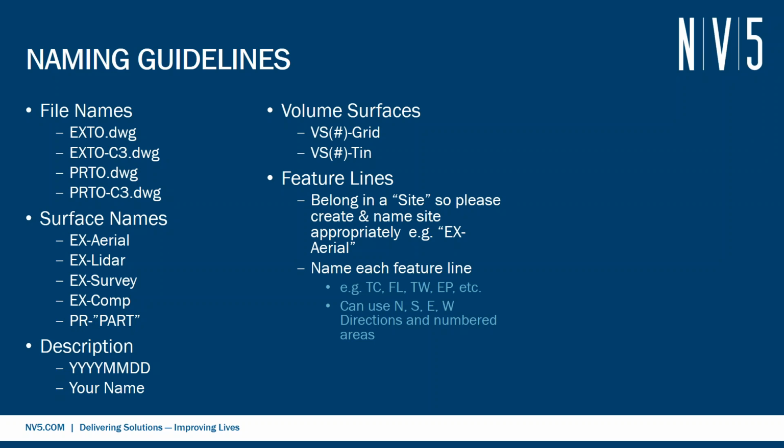I can't tell you how many files I've opened and seen Site 1 through Site 10. And then I need to figure out where are these sites? Why were they created? And then I look at feature lines, and there's just a bunch of empty named feature lines, right? So I've literally got to pick on each one, zoom to, figure out what it is, and good luck, right? So let's fix that.